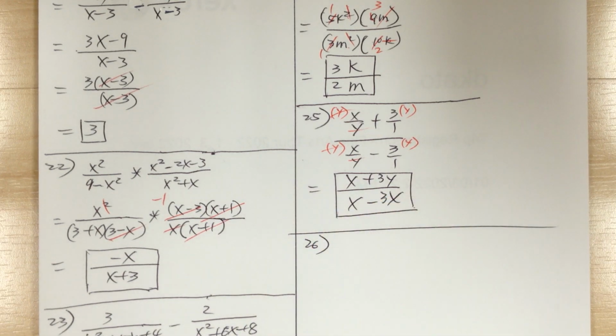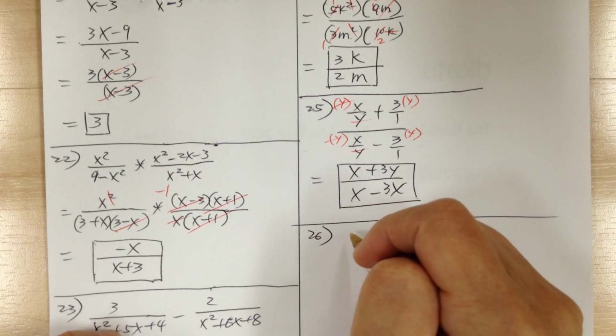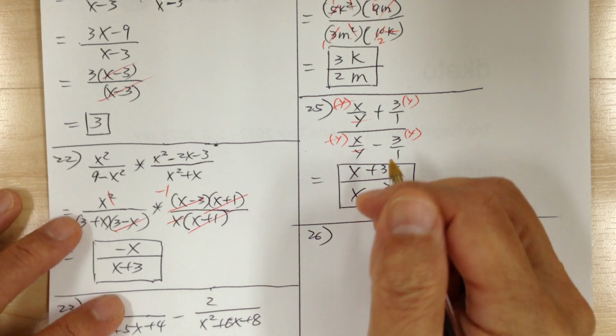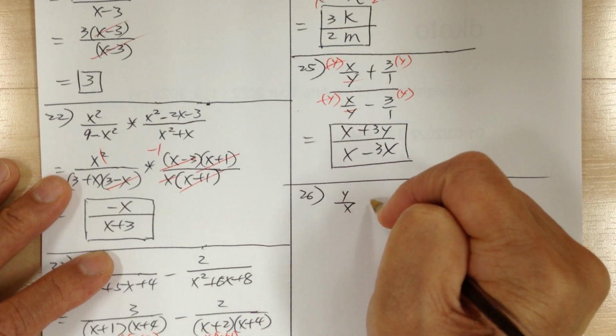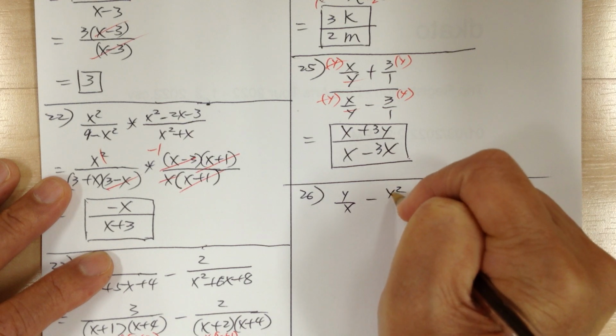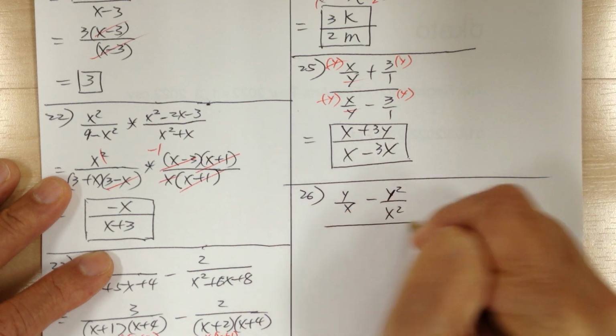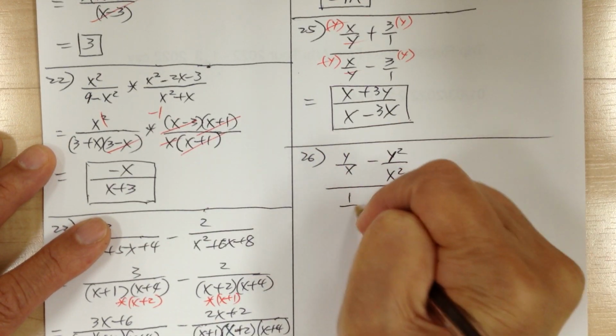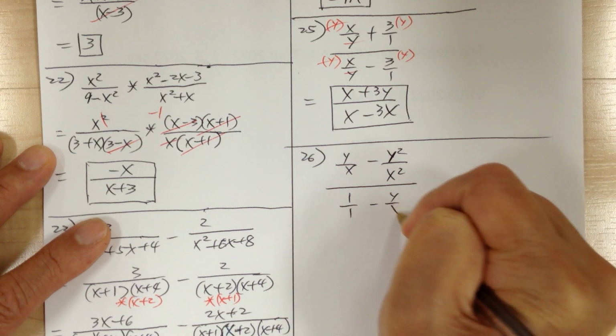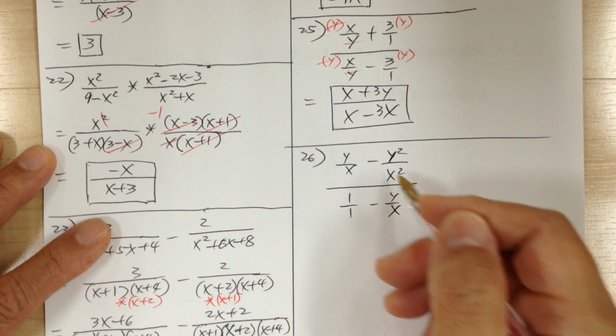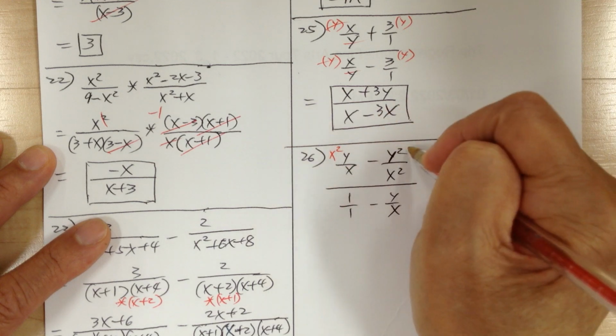Okay, number 26. You have y over x minus y squared over x squared over, now 1 I can make into 1 over 1. Your common denominator is x squared, so multiply everything by x squared.